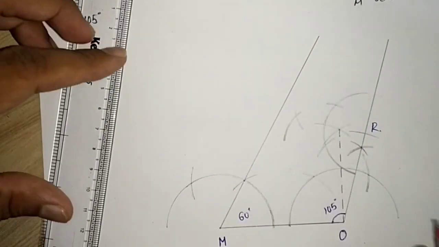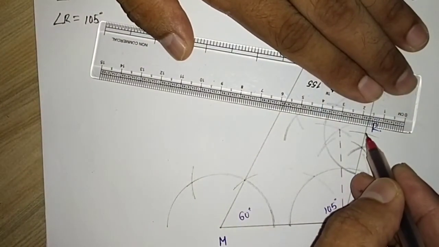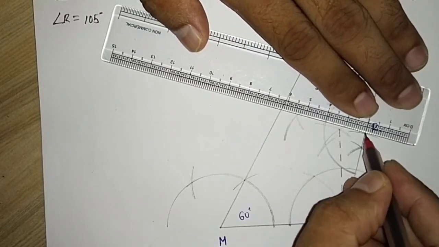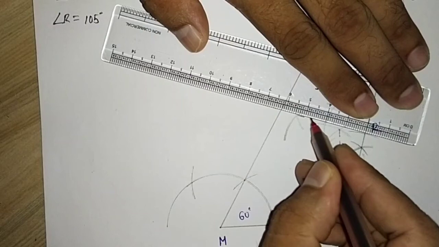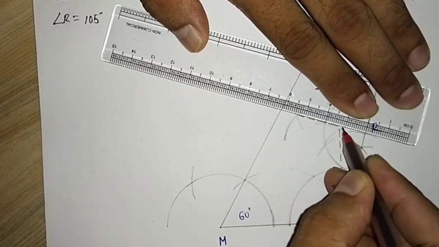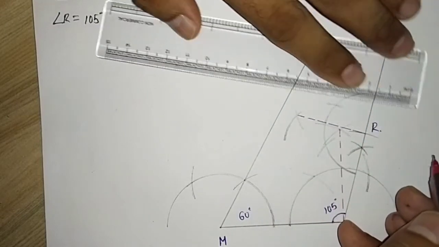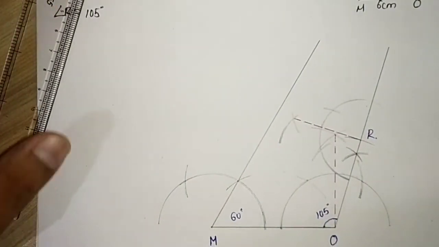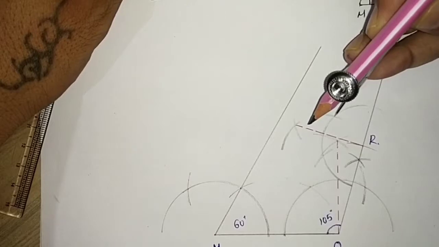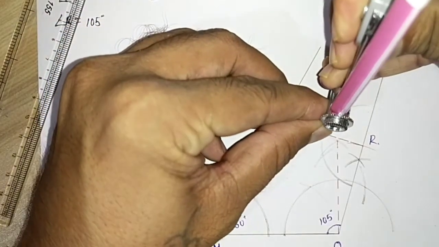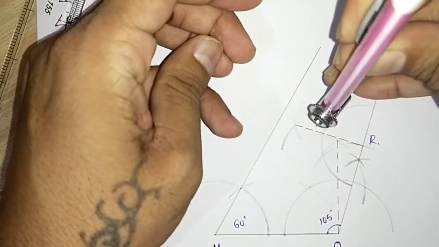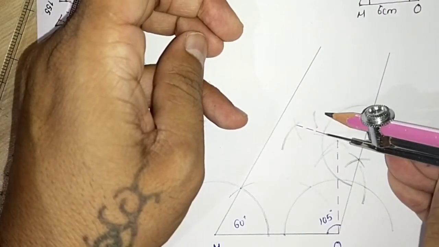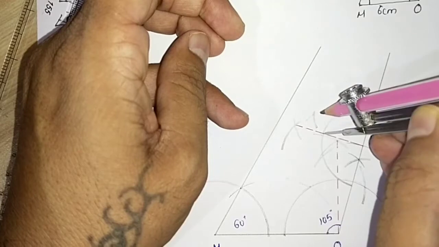Join R and that point of intersection, but with a dotted line, so that you can understand this is 90 degree. We have to make 105 degree. This is not our measure. Now from there we will get our 105 degree. We will take this radius, draw one arc, putting on 90, draw another arc.